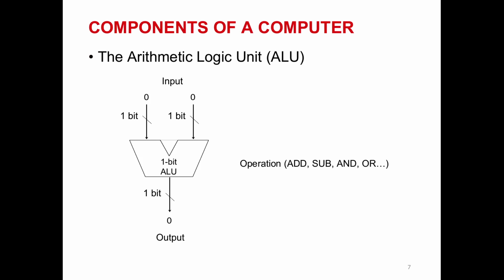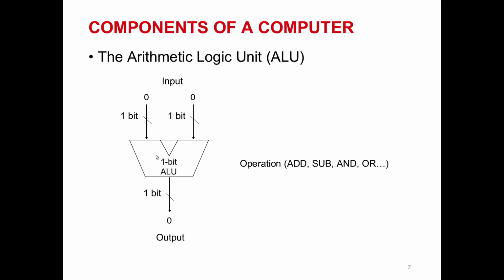Here is how the components for these operations, add, sub, and OR, are shown in the CPU. It is called the arithmetic logic unit, or ALU. In a simple manner, you can see it here.